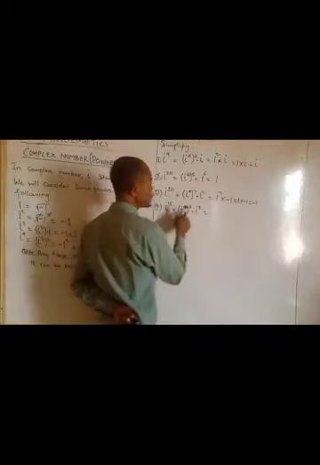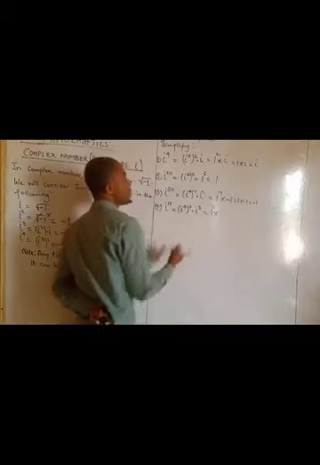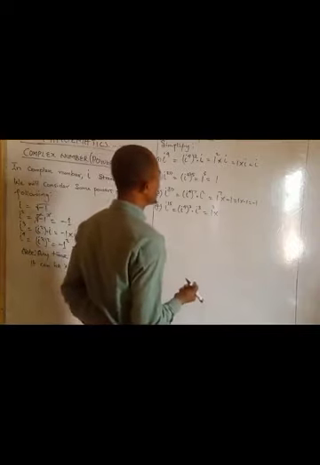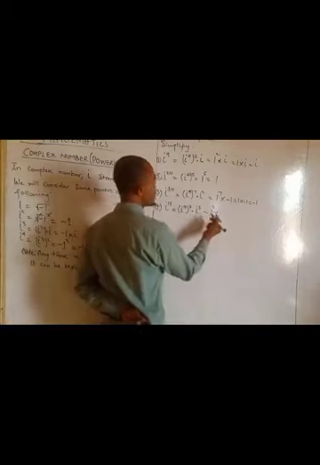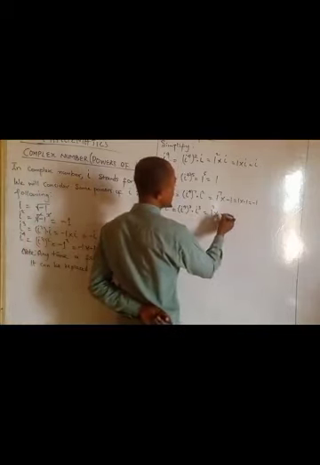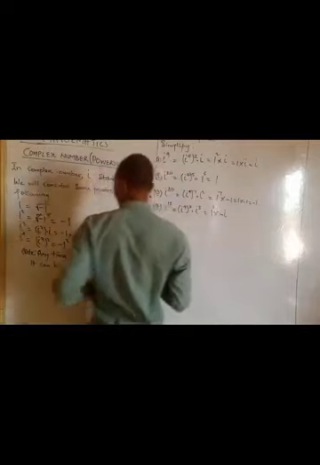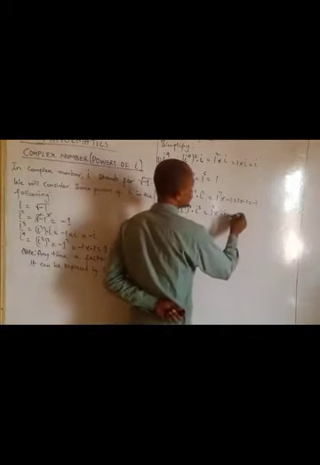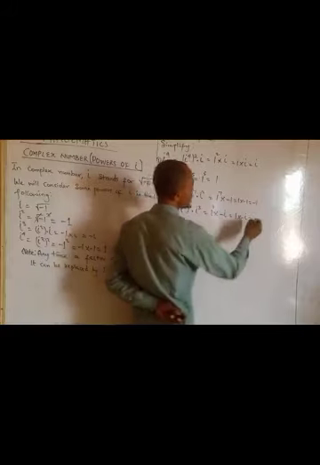So which is equal to i to the power of 4, which is still 1, that is 1 to the power of 3, times i to the power of 3. What do we call i to the power of 3? That is negative i. So which is equal to 1 times negative i, and that's negative i.